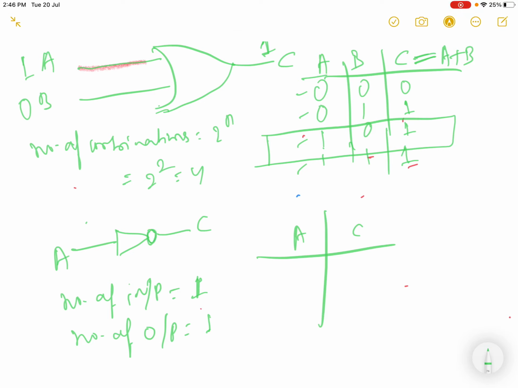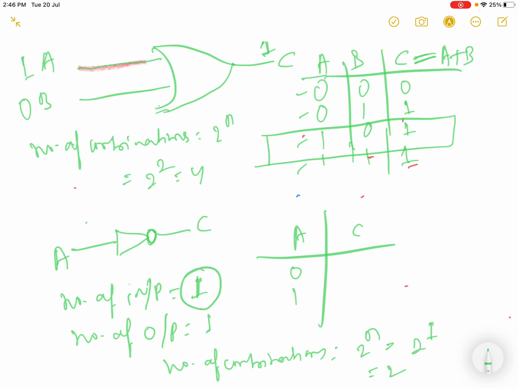See, here it is bubble. If anything comes from here, so number of combinations equals to 2 to the power n. And what is n? Number of input equals to 1. So 2 to the power 1 equals to 2. It means we have only 2 inputs.